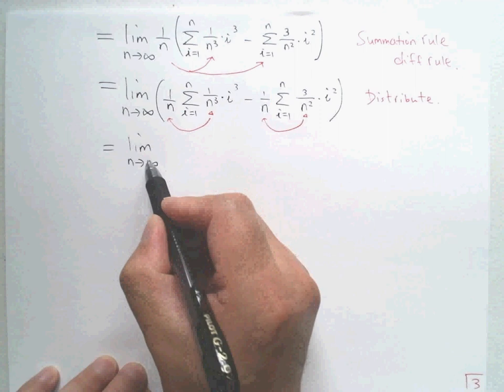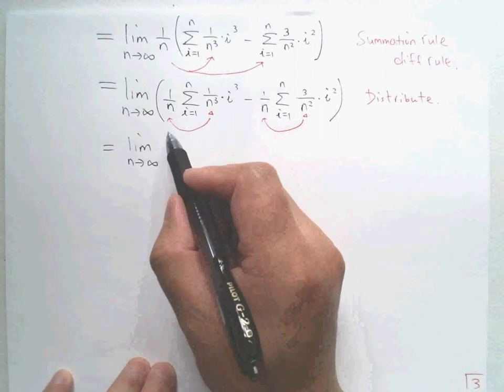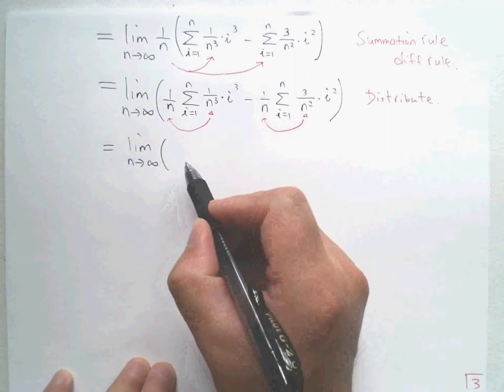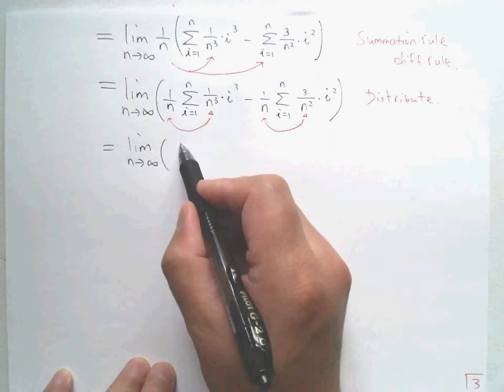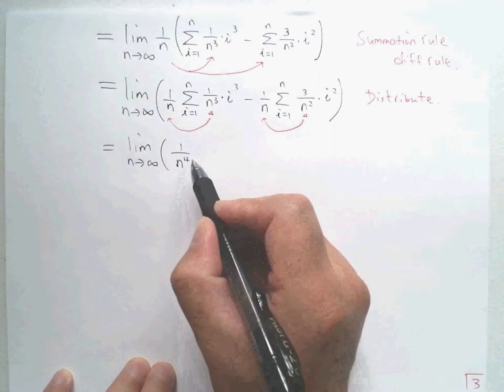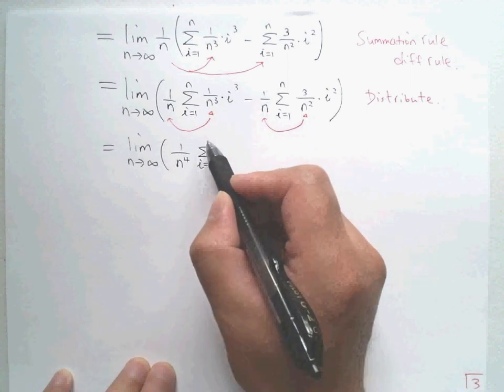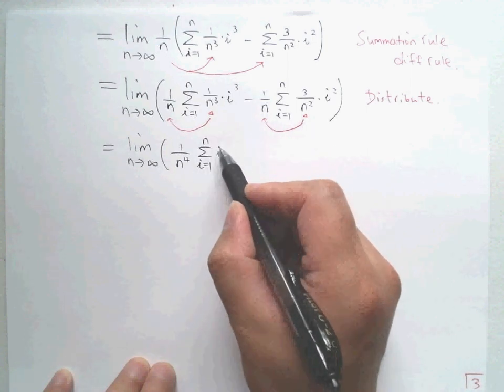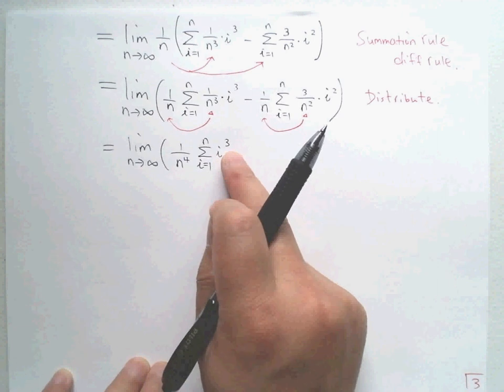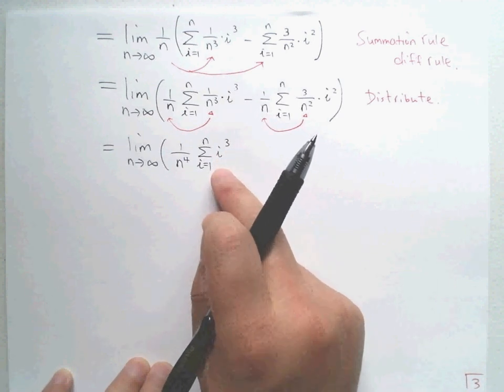We will have this limit as n approaches infinity, with the big parenthesis. So this times this now goes to 1 over n raised to the fourth power, and then we have a single sum of power. What power? Remember we have this, right?